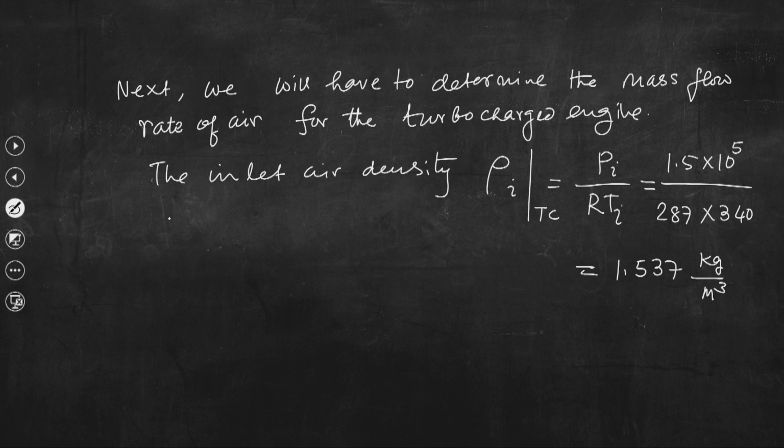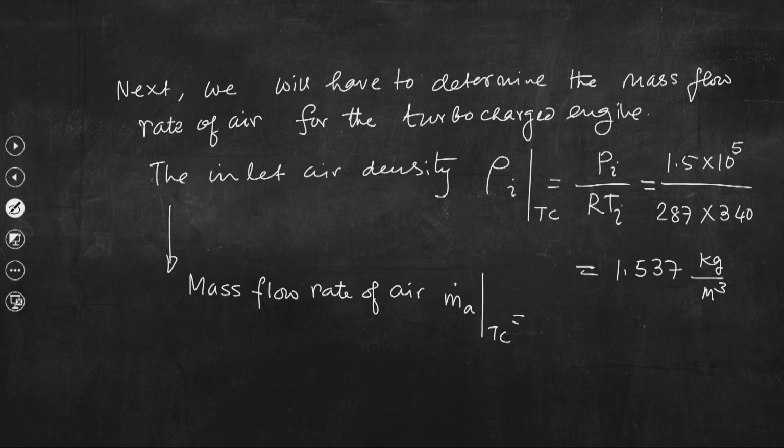Knowing the density, we can calculate the mass flow rate of air for the turbocharged case. m dot A for the turbocharged case TC would be equal to rho I into V displacement, which is also given, into eta volumetric into n by 2, because it is a 4-stroke cycle engine.